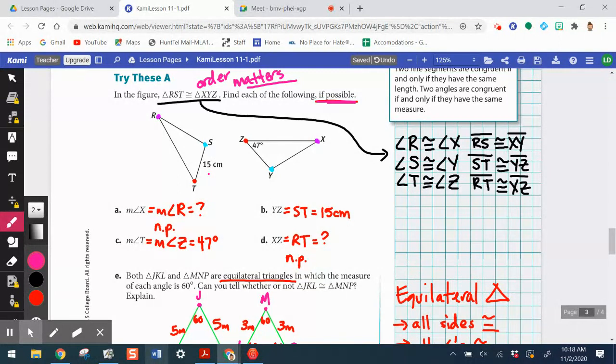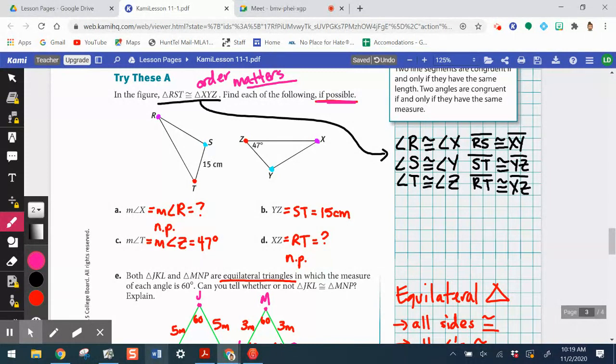Part C, the measure of angle T. We look at triangle RST and we see we don't have a measurement for angle T. So we look at its corresponding angle in triangle XYZ, which is angle Z, and we see that the measure of angle Z is 47 degrees. So if the measure of angle T is equal to the measure of angle Z, then angle T is 47 degrees.